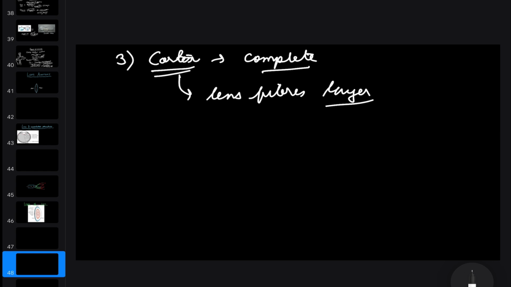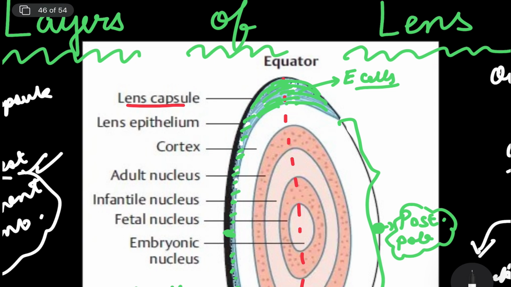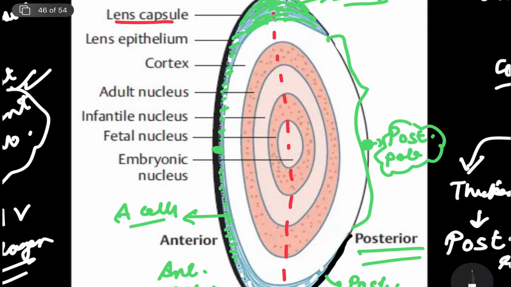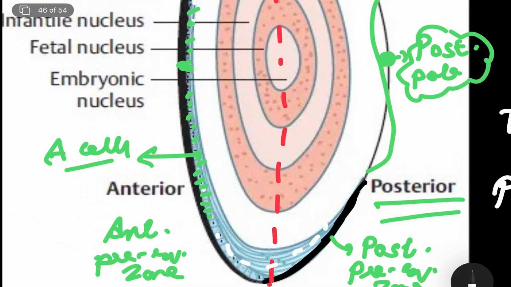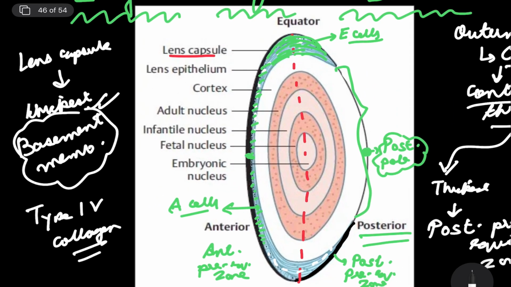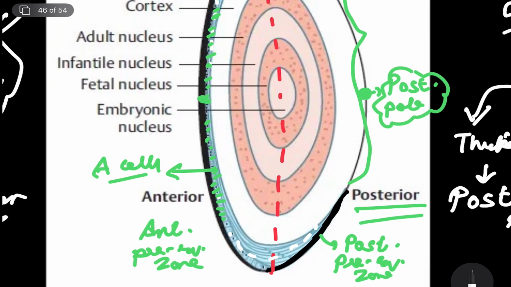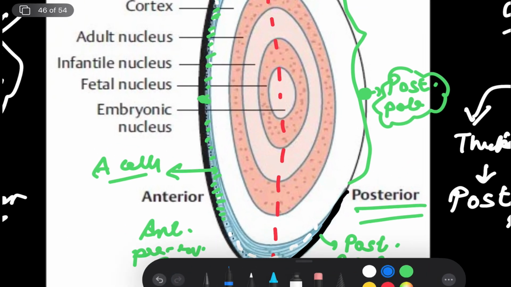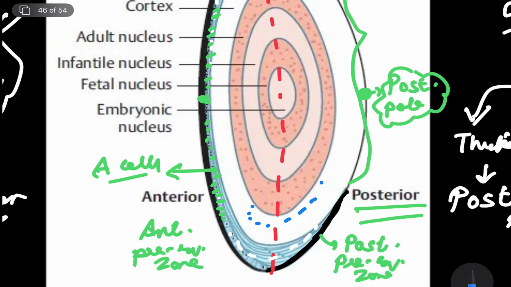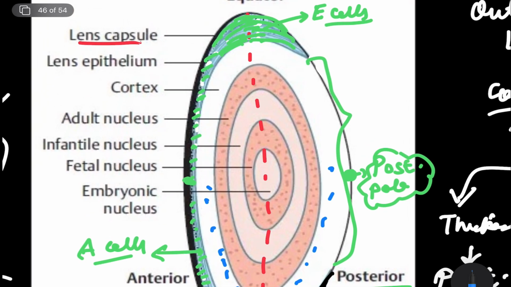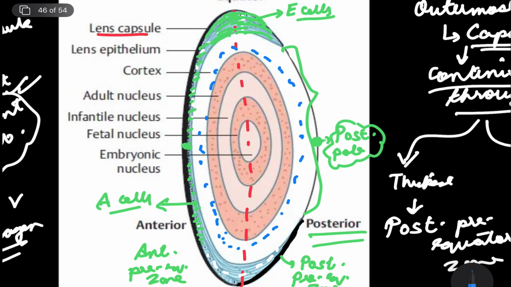You can see in this picture that the E cells are elongating over here, but they haven't yet turned into lens fibers. When they do turn into lens fibers, they will become a part of this white layer, this entire white layer. And this white layer is the cortex.